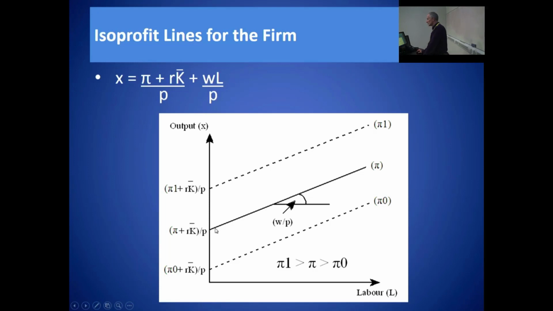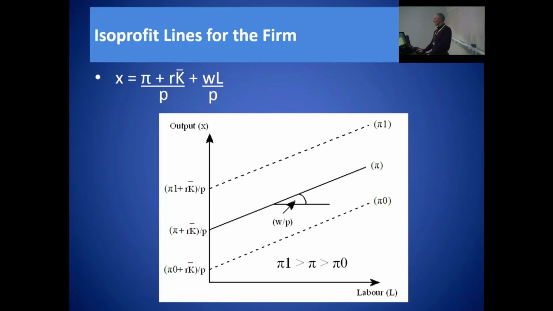That is the vertical intercept. And the slope of the iso-profit line is plus, so it slopes upwards. It's got a positive gradient, w over p. So the slope of that line is w over p. And as I said, the level of profits along that particular iso-profit line is fixed. It's constant.